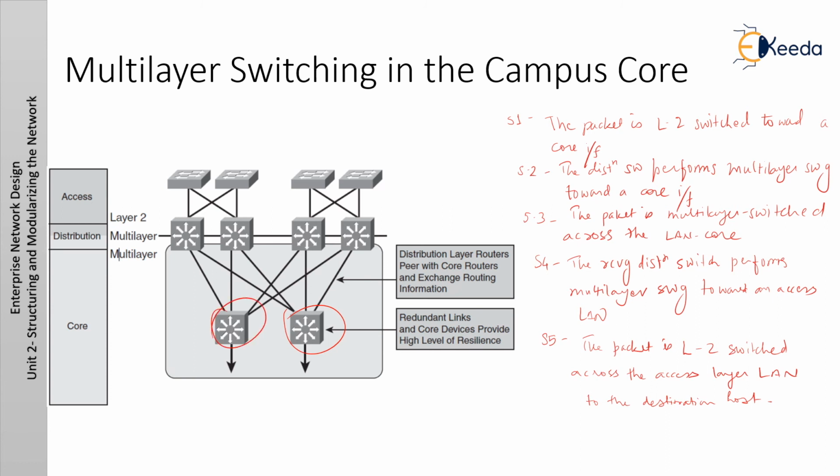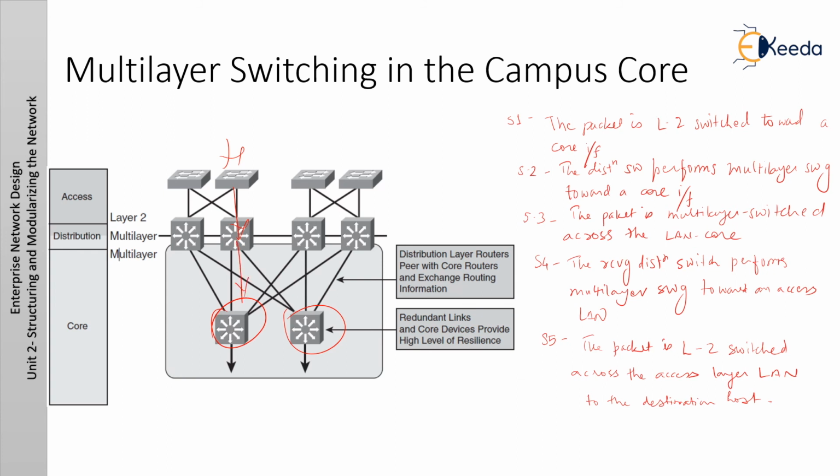So how can this happen, let us discuss. Initially we start with the packet layer 2 switched towards the distribution switch. The distribution switch performs multi-layer switching towards a core interface.